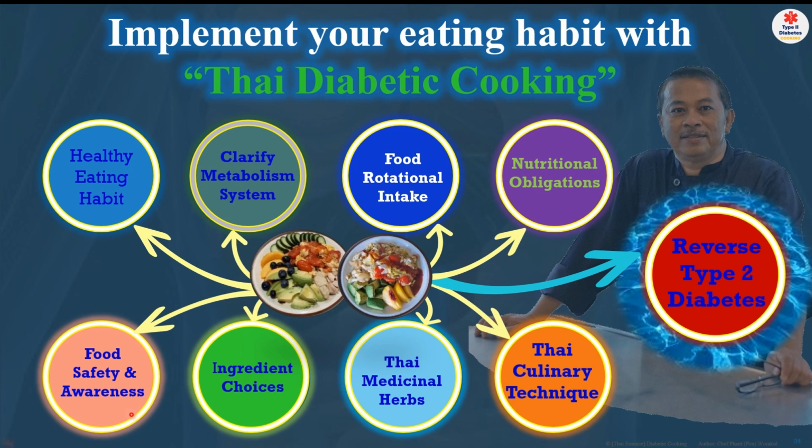Okay, and then Thai medicinal herbs. That's my thing. I knew Thai medicinal herbs when I was really a baby, because my mom liked to put everything in my mouth and look for my reaction: would I spit it out, or chew it, or swallow it. Usually she would put herbs like lemongrass and galangal.